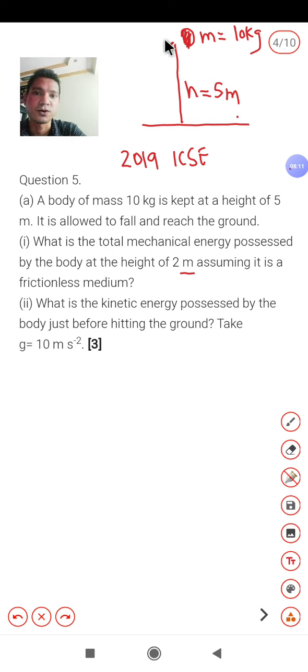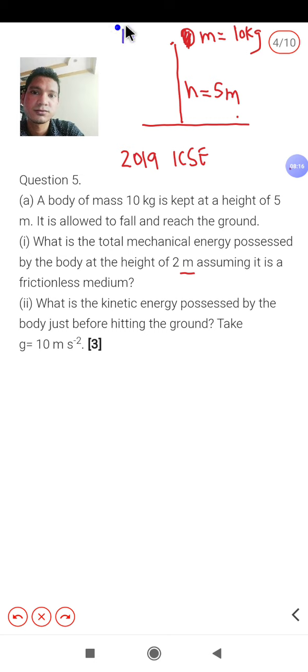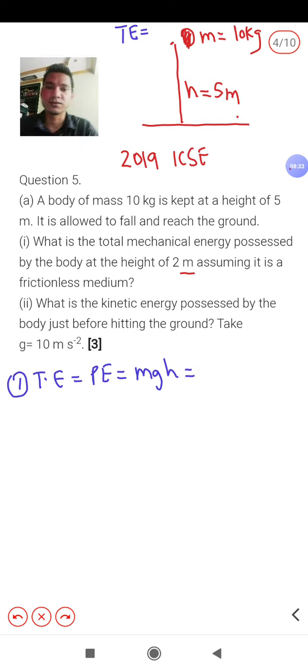First of all, we calculate the total energy at the top here, and that is nothing but the potential energy only. Kinetic energy is 0 since the body is at rest, so it will possess only potential energy at the top. The formula is mgh. And this total energy will remain constant throughout its journey. So let's calculate it.